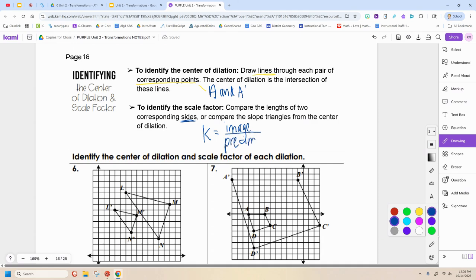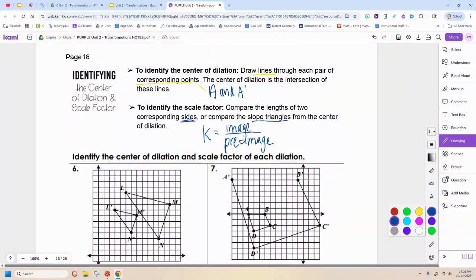And then you should be able to tell that if it's getting larger, the scale factor needs to be greater than 1. If it's shrinking, it's going to be less than 1, between 0 and 1. And then if you can't find a side length easily, then you're going to go to slope triangles or look at those blow-up lines, and it's not hard to tell. It actually is quite easy.